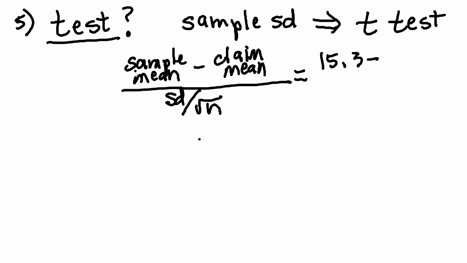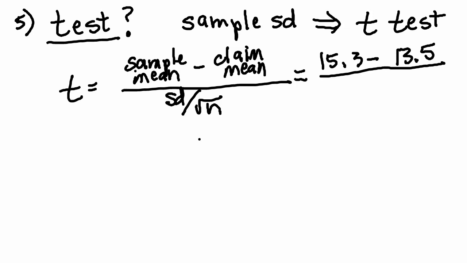So we're going to do 15.3 minus 13.5. This is what t is, so we're going to find t. And you could have done this in the other problem. You could have found z and then used the calculator. In that case, you would use a standard normal calculator with the mean 0 and the standard deviation 1.